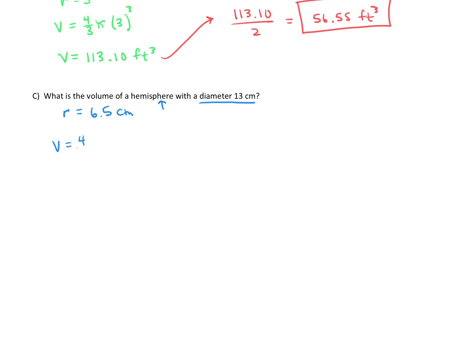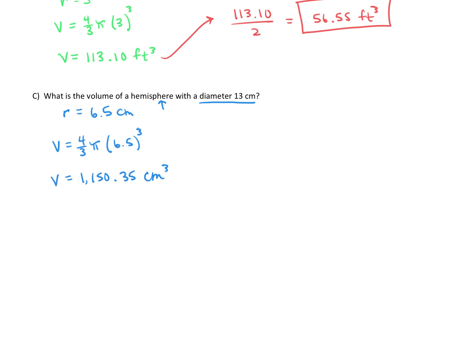So our volume is 4/3 pi times our radius of 6.5 cubed. We calculate that out and we get a volume of 1,150.35 centimeters cubed.